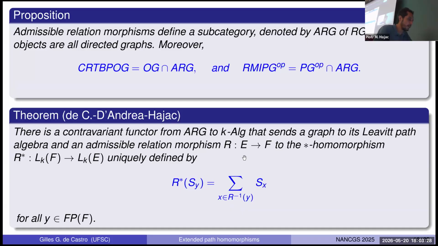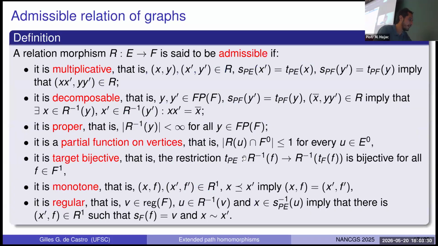Going back a little bit here. If you want to have a functor to K algebras, then this is something that kind of surprises: this target injectivity we need, which was not needed before. We need targeting injectivity to be part of the definition in order to obtain a functor to K algebras. And we had an example in my previous talk.